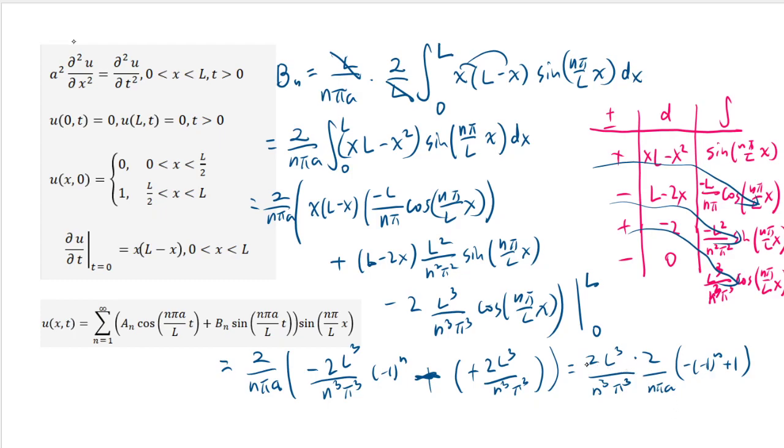You can rewrite this as 4L cubed over n to the 4th pi to the 4th a if you want. So the fully simplified one will be 4L cubed over n to the 4th pi to the 4th a, and then I can switch these around and say 1 minus negative 1 to the nth power. So that's the answer. We found A_n, we found B_n. You use those values, and that gives you a solution that satisfies everything you see here.